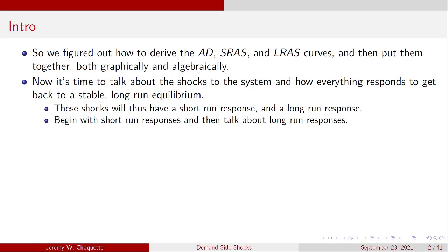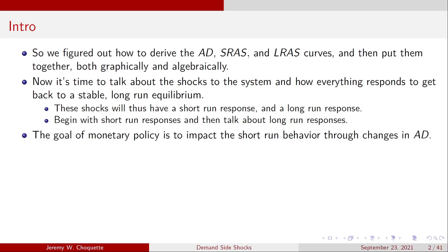We're going to start with the short run responses, right? Because that's kind of what happens first. And then we will talk about how we converge to the long run equilibrium. We're going to talk about what the long run response is, but only after we've covered the short run response.